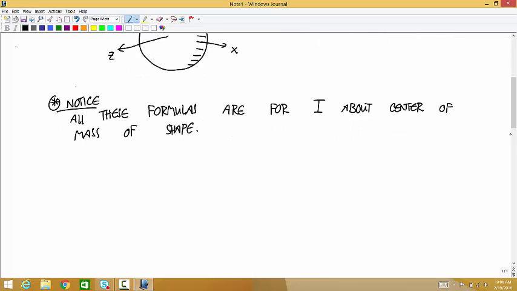But I guess there are three different reasons why you would sometimes want to know the moment of inertia about another point other than the center of mass. So how do we represent moment of inertia about other points?